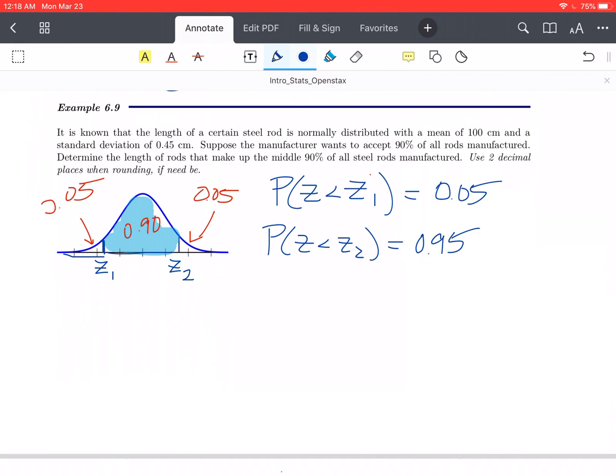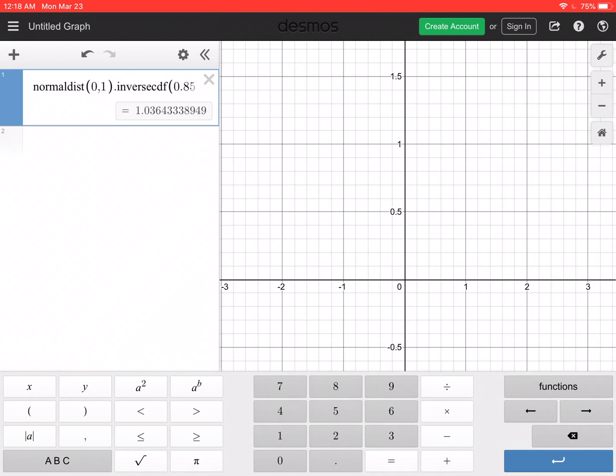Now when we compute this, we're going to go into Desmos here, and we're going to find these values. We're going to do the same thing we did before. Standard normal curve, because that works out nicely, just like it did on the last one. So standard normal curve, area to the left of the first one was 0.05. So the z-score is negative 1.64 if we round to 2 decimal places.